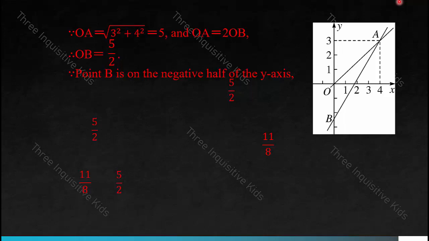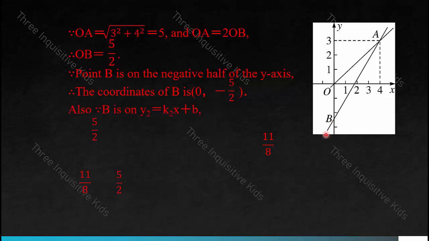Point B we know is on the negative half of the y-axis, meaning that the coordinates of B would be (0, negative 5/2). Because OB is a length, but the coordinate could be positive or negative, and since we can see that it's on the negative half of the y-axis, the coordinates of B are (0, negative 5/2).